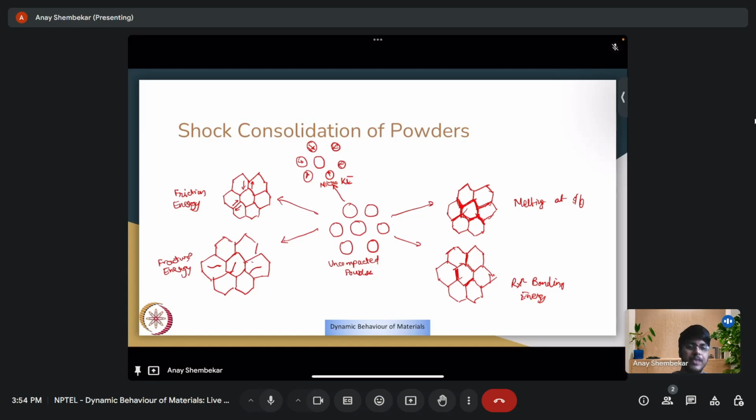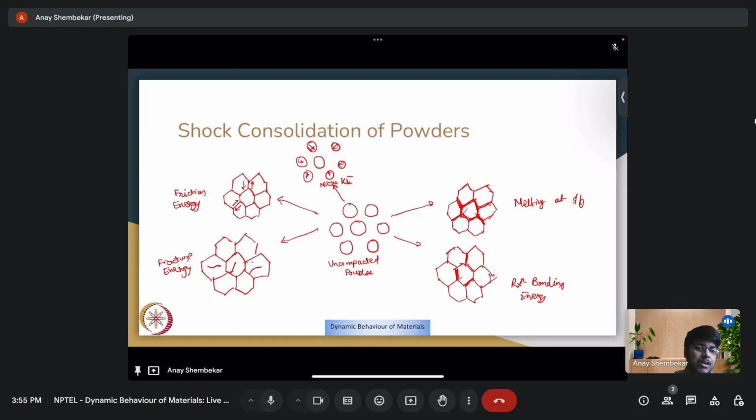So again, some amount of energy will be used there. If there are some interparticular smaller particles which can undergo reactions, then those may also undergo reaction, and that, depending on the type of reaction, can either absorb or release some amount of energy. Especially it can release if it's an exothermic reaction.